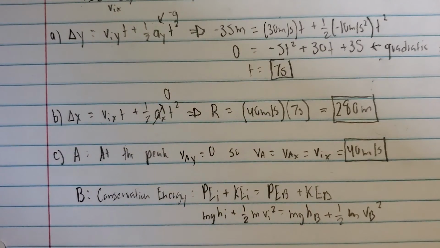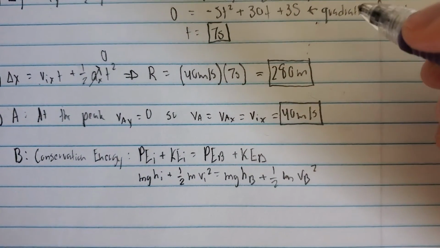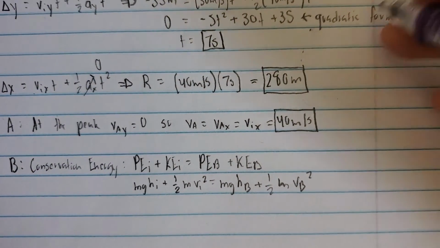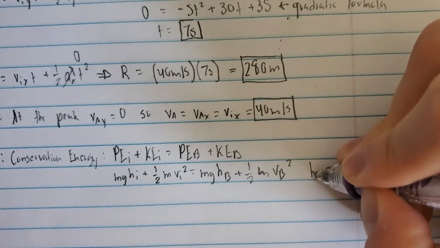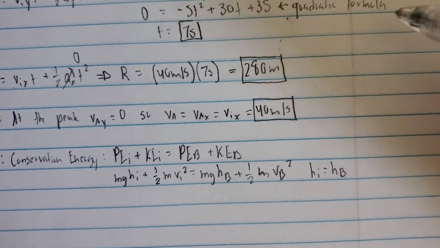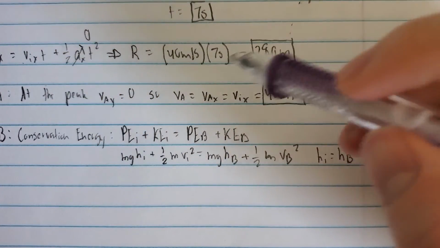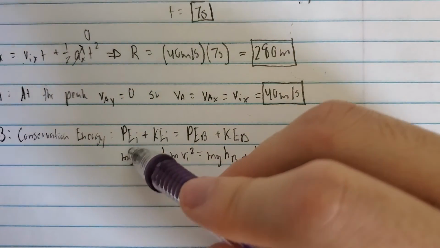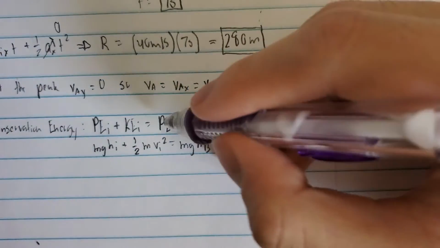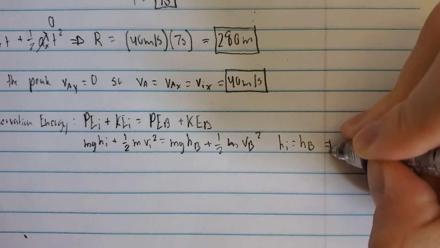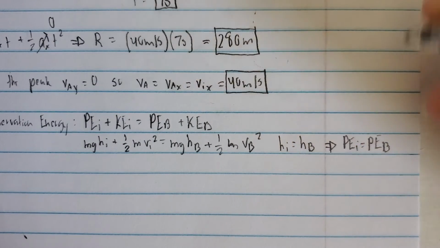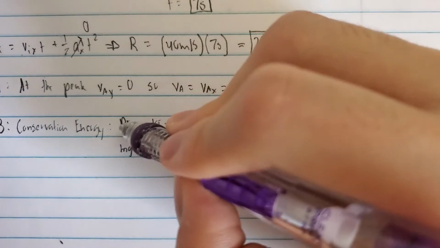Okay. Now, as I said before, the height is the same at both these points. So that means my HI is equal to my HB. Now in this problem, my m and g are constant. So that means that my PEI is equal to my PEB, so I can cancel them out.